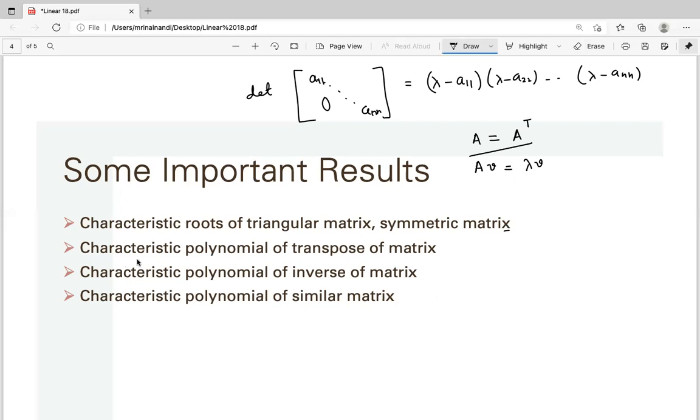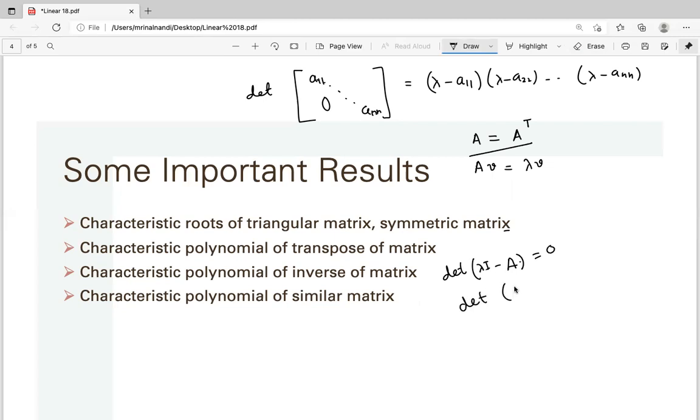Other results: the characteristic polynomial of the transpose of a matrix. What is the characteristic polynomial of the transpose of the matrix? The characteristic polynomial is the determinant of lambda I minus A, and this is 0. So take the transpose. We know the determinant of the transpose is the same.